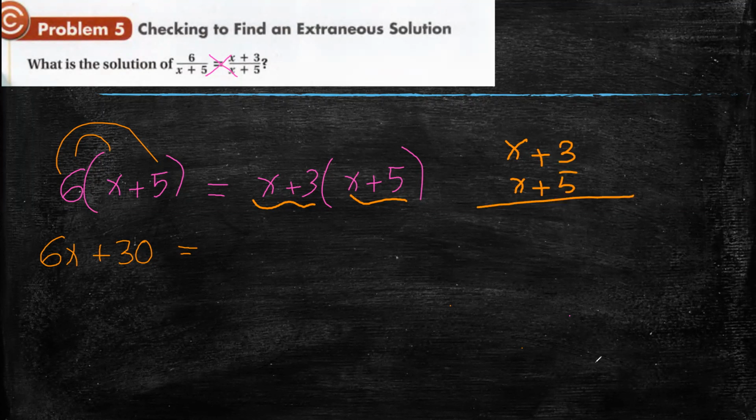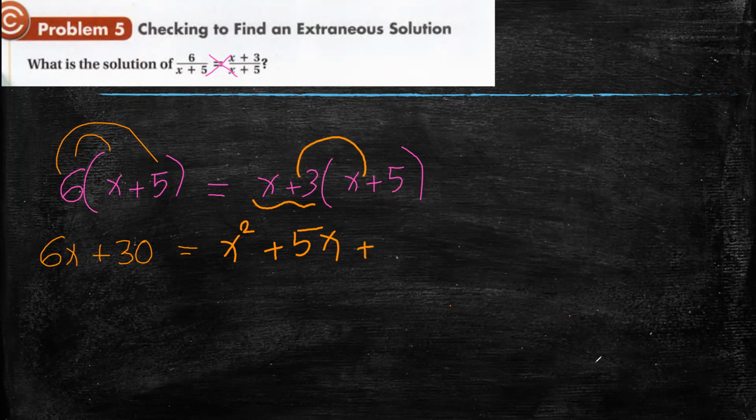As we remembered before, you have to multiply first x with x, which is x squared, and then x with 5, which is 5x. And then after you multiply the x, you have to multiply now 3. Then 3 times x is 3x, and 3 times 5 is 15.